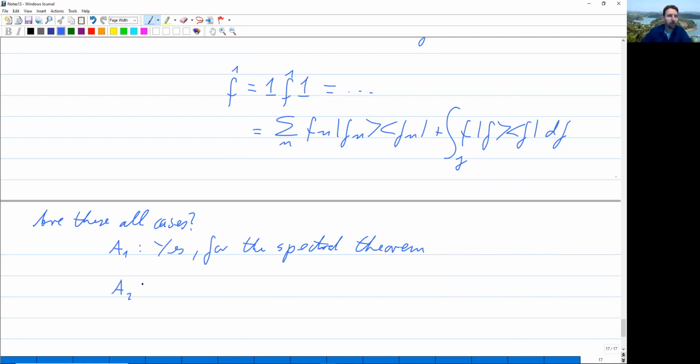But there's also answer 2, which is to say, there are observables f hat that are not self-adjoint.